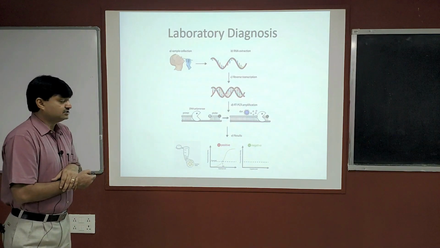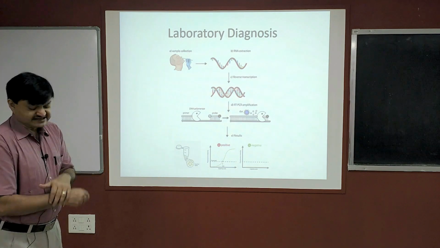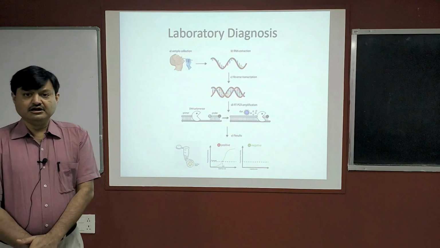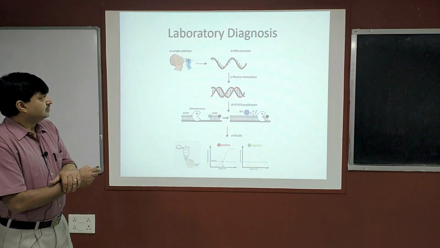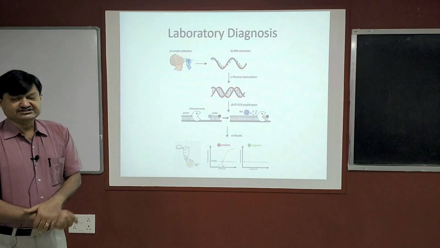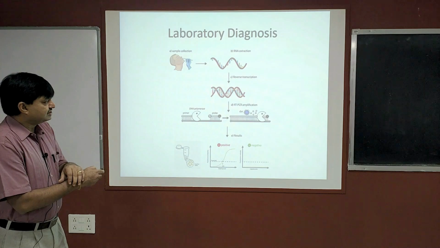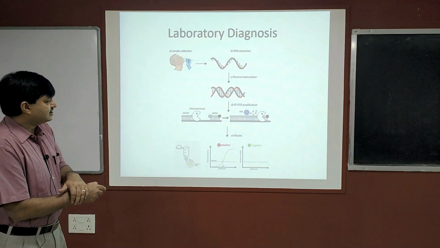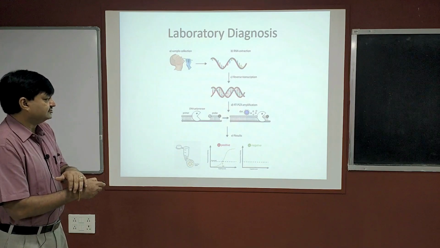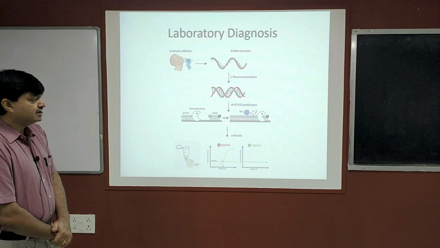You can see over here the sample is collected, and in a laboratory designated as a BSL level 2 laboratory, this RT-PCR is performed. From the sample, RNA is extracted. RNA is reverse transcribed into DNA. Then there is a polymerase chain reaction, and this DNA is polymerized. Now this is real-time PCR.